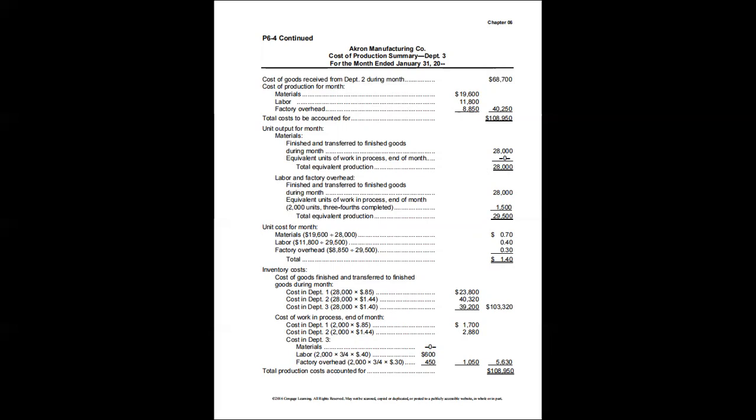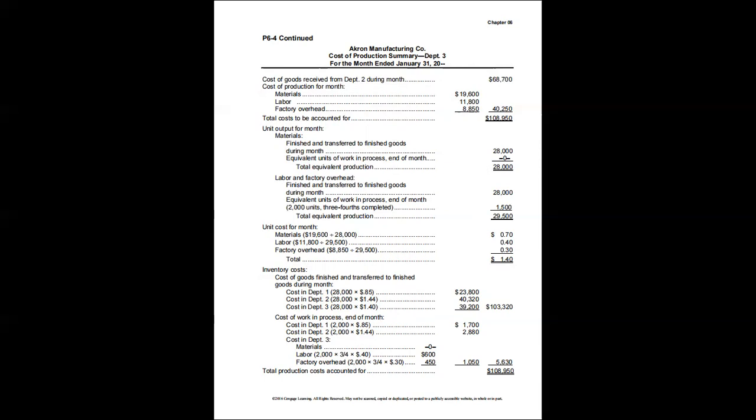So the EP is 1,500 for labor, and then we multiply this by the cost per unit of 0.40 and 0.30. Total production cost accounted for is equal to the total cost to be accounted for.